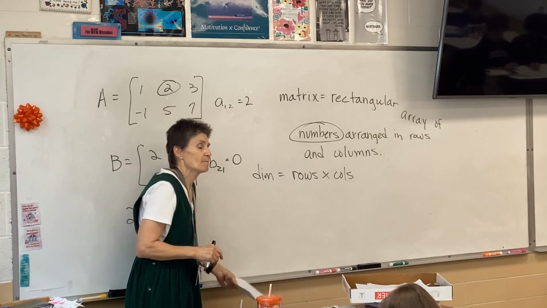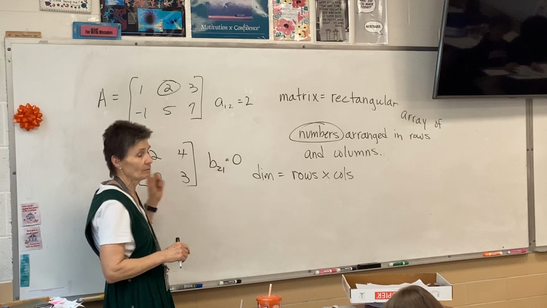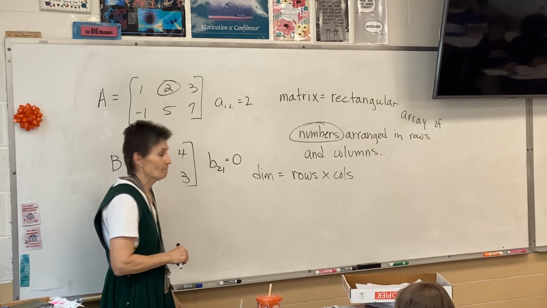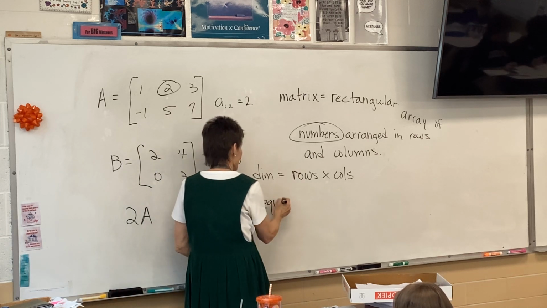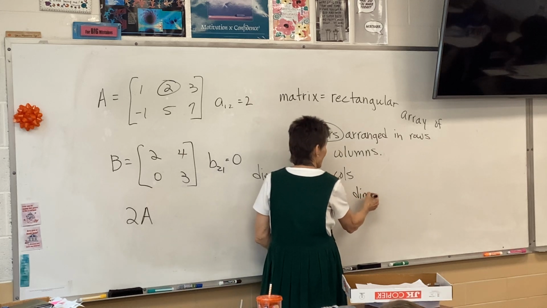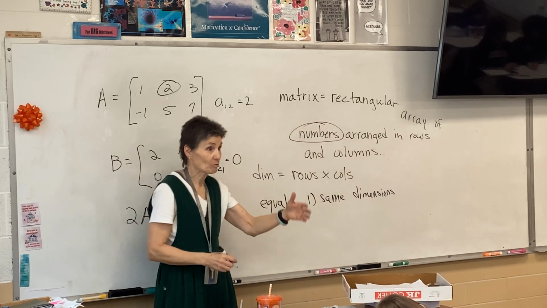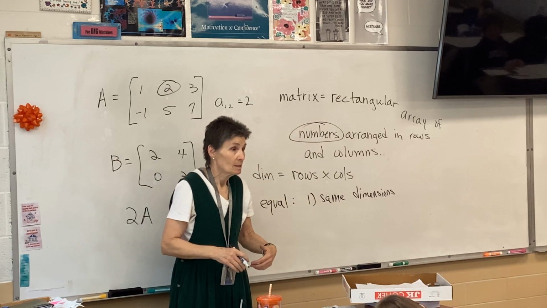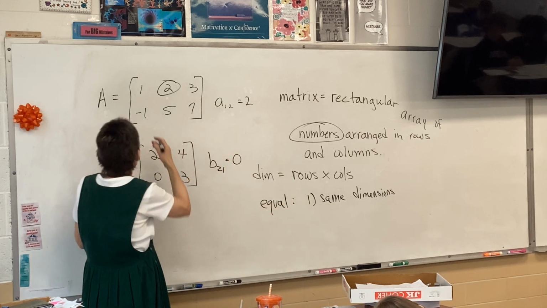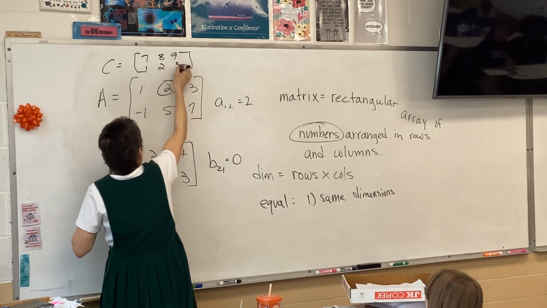Equal matrices. What are equal matrices? Do you think A and B are equal? No. All right, so what would make them equal? If you're going to be equal matrices, you have to have the same dimensions. Would you agree with that? That a 2 by 3 can equal a 2 by 3. Now, would all 2 by 3s be equal? If I made up another 2 by 3, would it be equal to this?